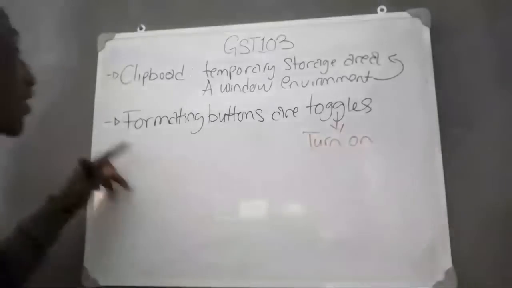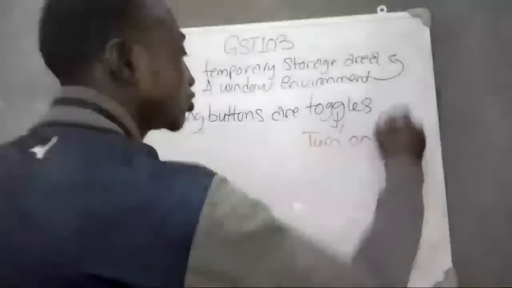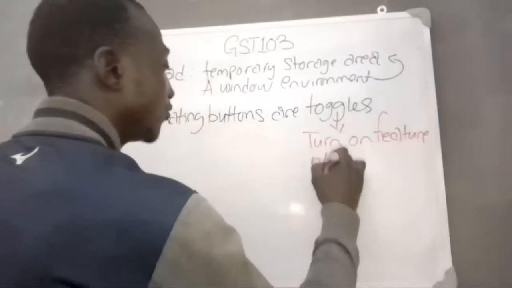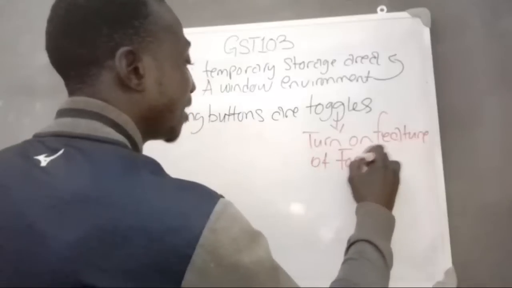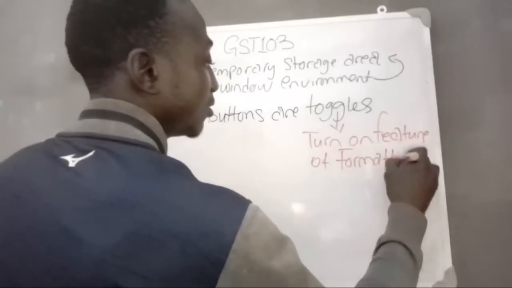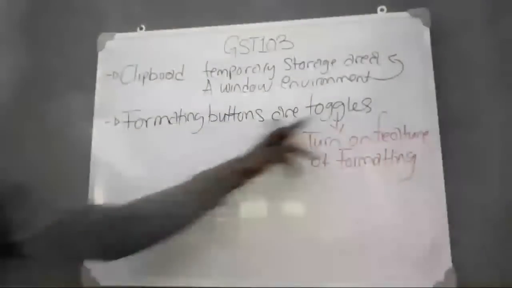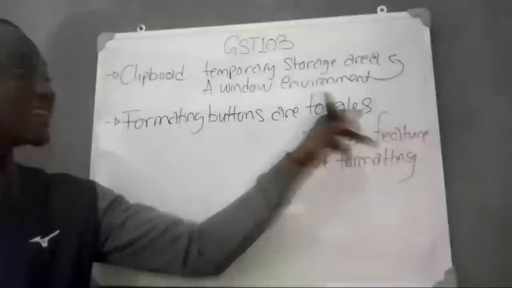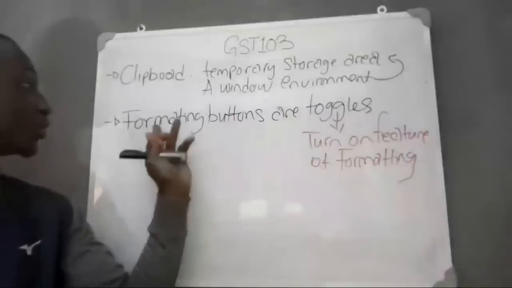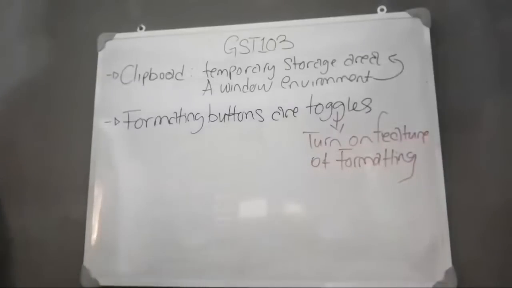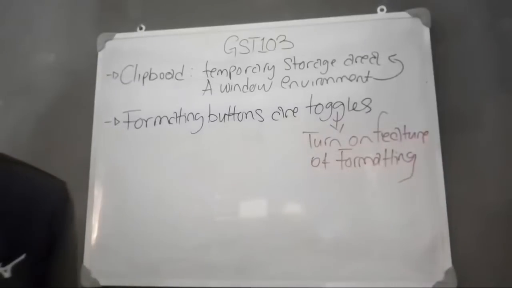Okay, someone said I should make it bold. Now, turn on features of formatting. So that's what this toggle means. The formatting buttons are toggle buttons, meaning the same buttons that you can use to turn on this formatting are the ones you use to turn on the features. So we have that as that.